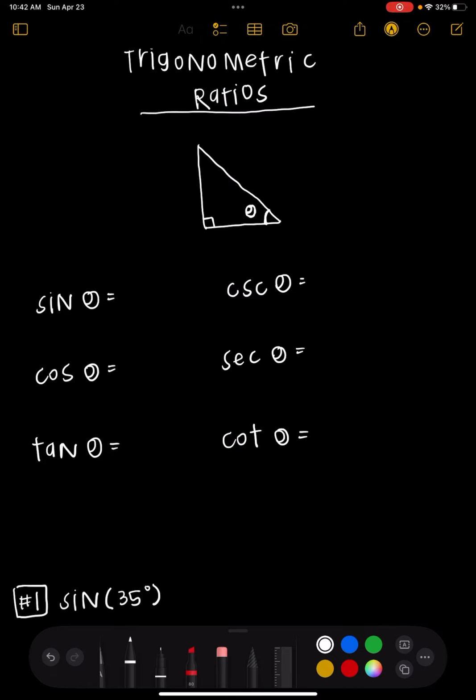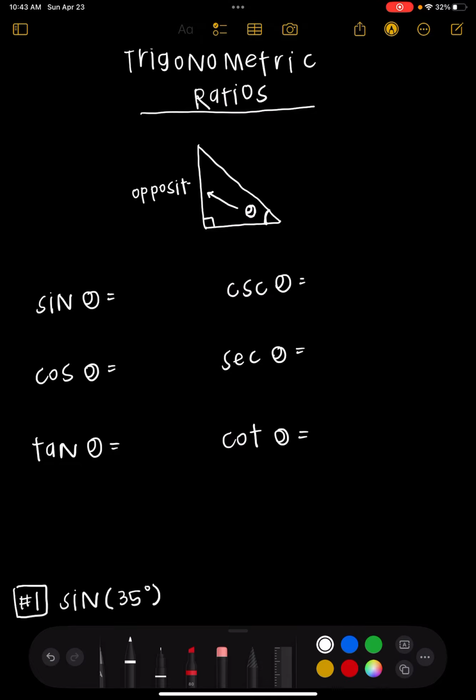Once we have the angle we're going to work with, we're going to label the sides of the triangle opposite, hypotenuse, and adjacent. These are what's going to help us come up with these trig ratios. The opposite side is always opposite of the angle we're working with. I'm working with this angle theta, so I'm going to go opposite of it. This side over here is my opposite side.